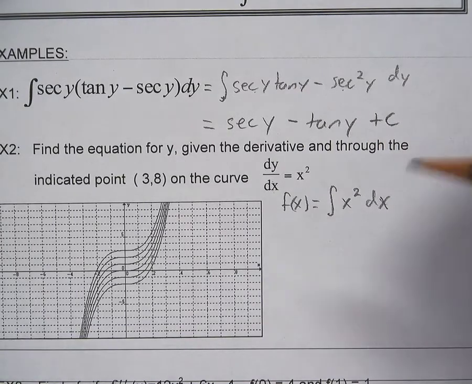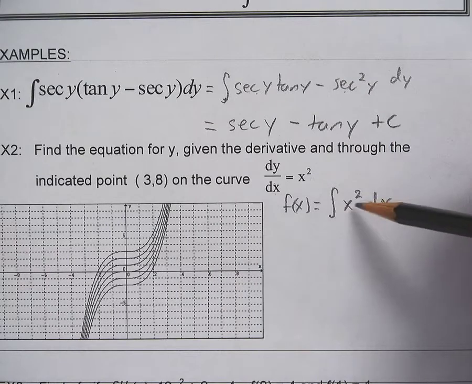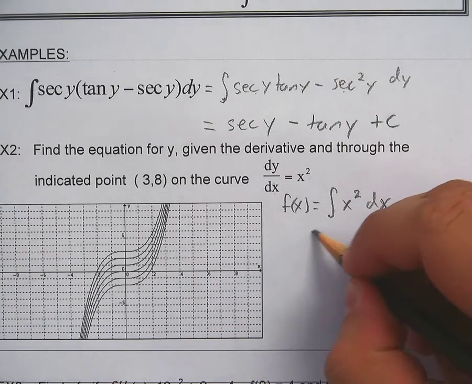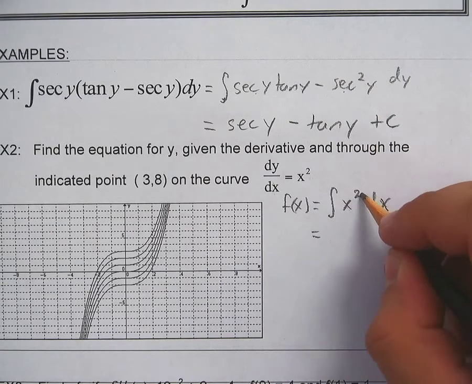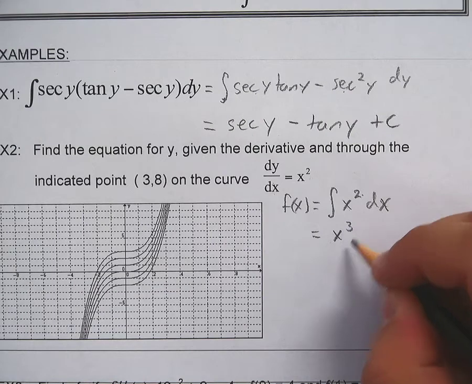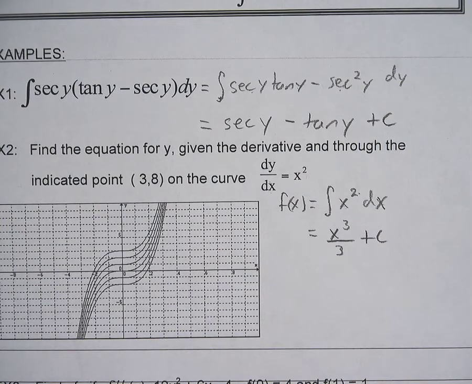If the derivative is x squared, then the function is the integral of x squared, or the antiderivative. So let's figure out what it is. This is going to be x cubed over 3. Remember, it's x to the n plus 1 over n plus 1 plus c. Fantastic. We have found f of x.